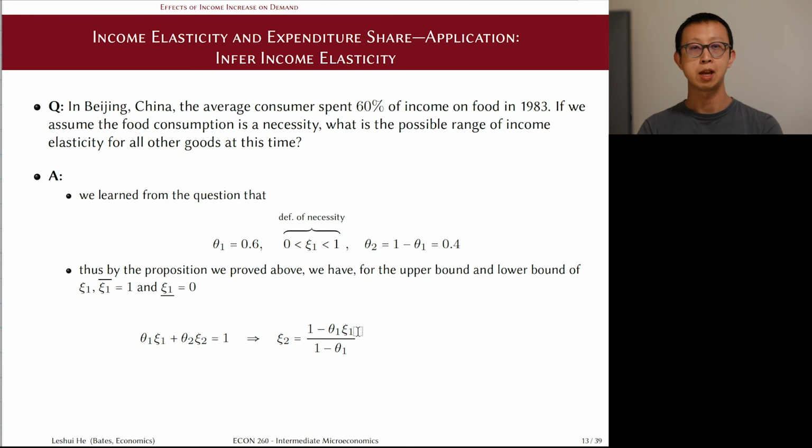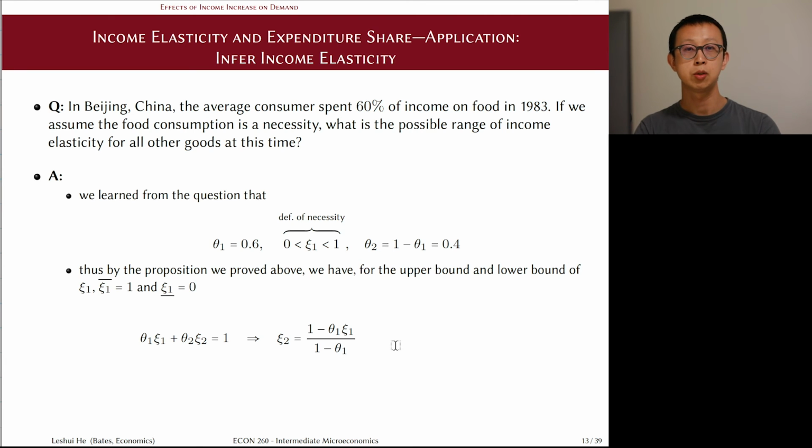With a greater Xi1, we're subtracting a bigger and bigger number from 1, leading to a smaller and smaller value for Xi2. On the contrary, with a smaller Xi1, we're subtracting a smaller number from 1, leading to a greater value of Xi2.